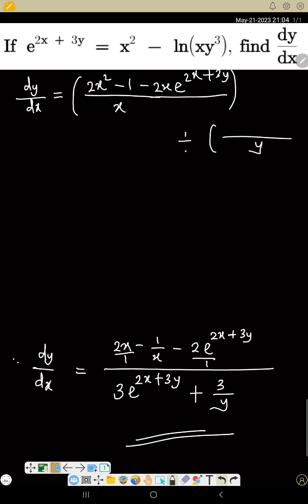So that will be 3y e raised to power 2x plus 3y plus 3. So like that.